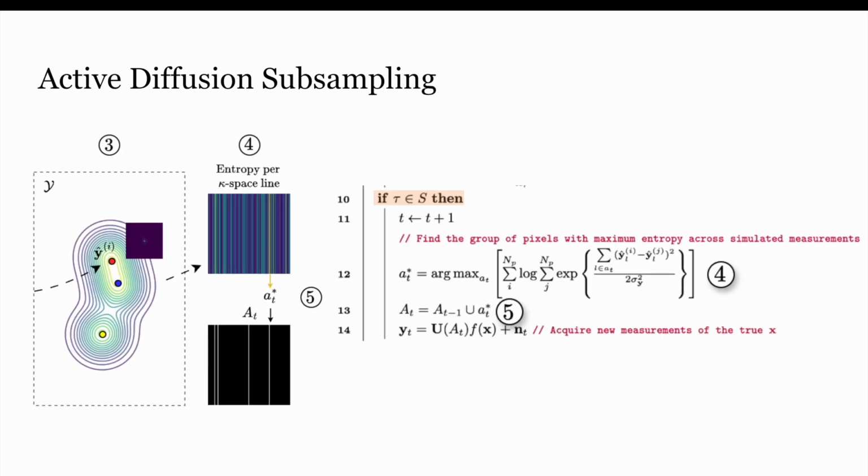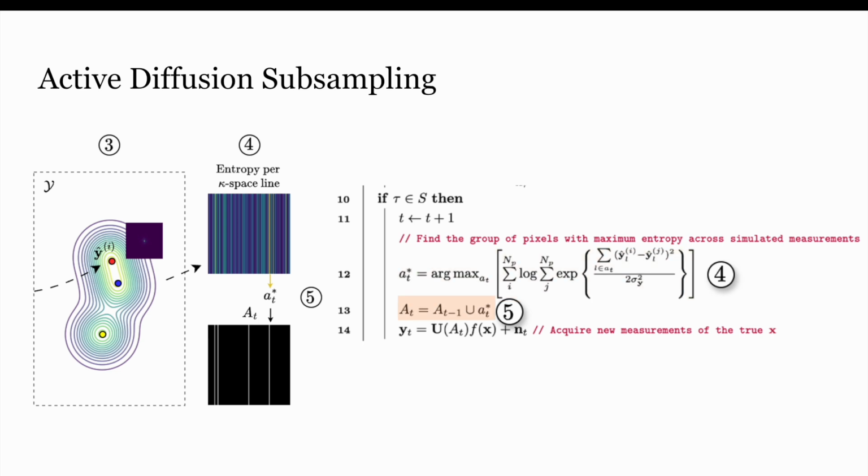The part we add to the algorithm, which starts to move away from diffusion posterior sampling, is when tau is a time step at which we want to take a new measurement. At that point, we first compute our entropy using the Gaussian mixture model approximation that I described earlier. That gives us some new measurement location.